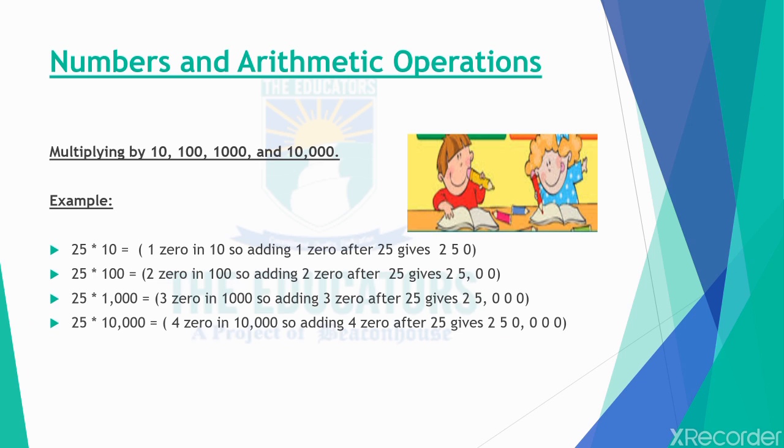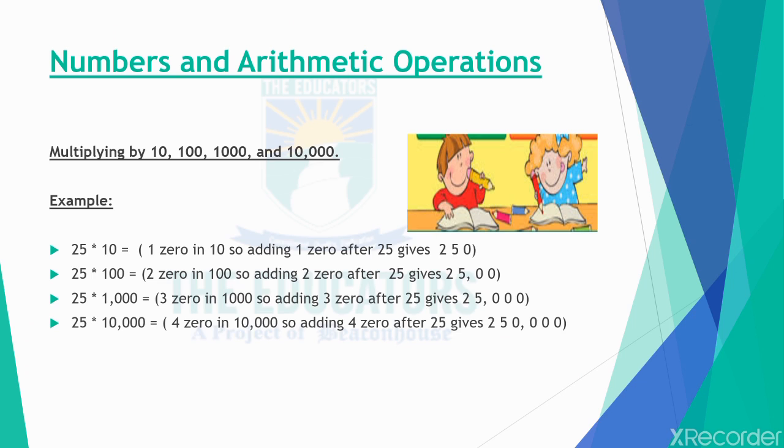Okay, now multiplication of any number with 10, 100, 1000 and 10,000. Students, it's very easy. Suppose in the first bullet we have to multiply 25 by 10. We would simply put a 0 at the unit place with 25. The answer we would get is 250. Again, in the next bullet we have 25 by 100.